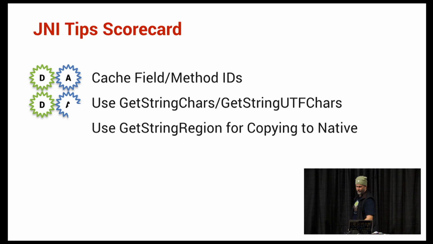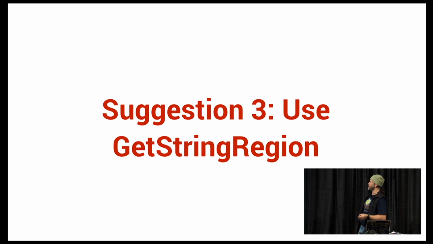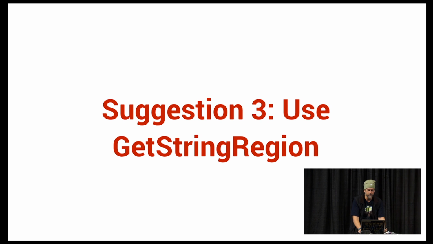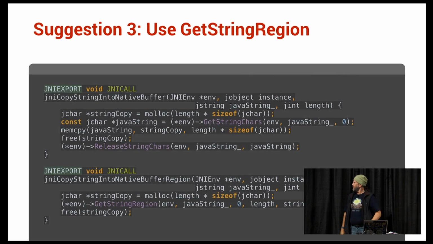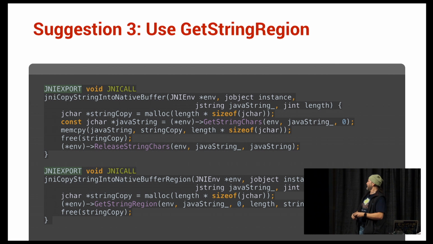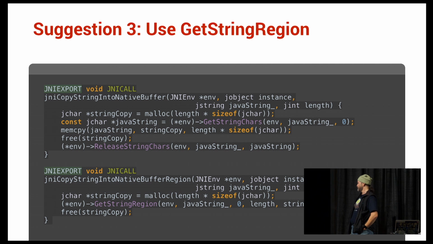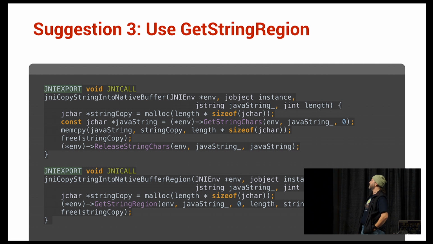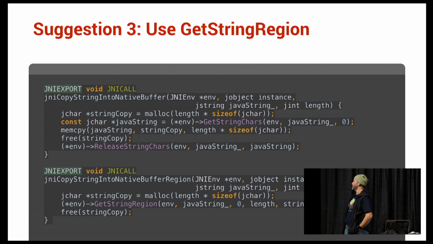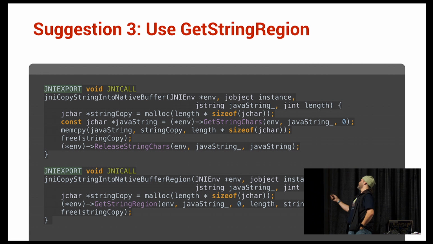Here's another suggestion that came out of there, which is to use GetStringRegion. And this is kind of interesting. So here is what that looks like. Normally, if you want to copy a string into a native buffer, in this case, literally just a buffer of characters, you're going to call GetStringChars, and then you'll memcpy it, et cetera, et cetera.